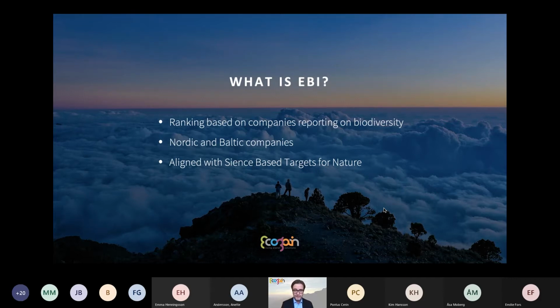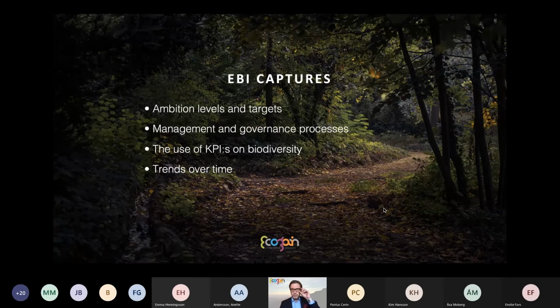Worth saying is that this is aligned with science-based targets for nature, which I would say is a continuance of science-based targets for climate. And what does it capture? Well, it captures ambition levels and targets of the companies, as well as the reporting and governance processes, so true action would also happen.